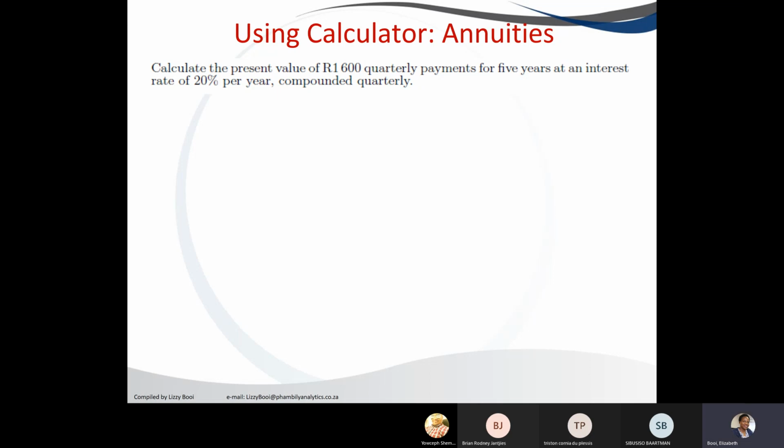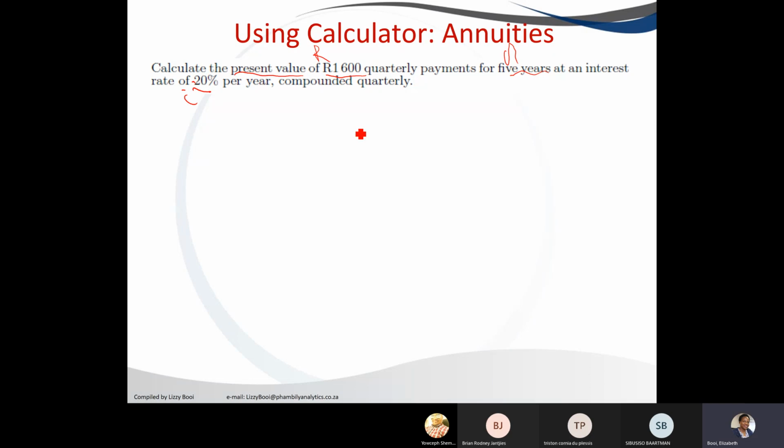We need to calculate the present value of an annuity. We are given payments of 1,600, therefore this is our R. The payments are for 5 years, therefore this is our n. And the interest is 20%, and that is your i.